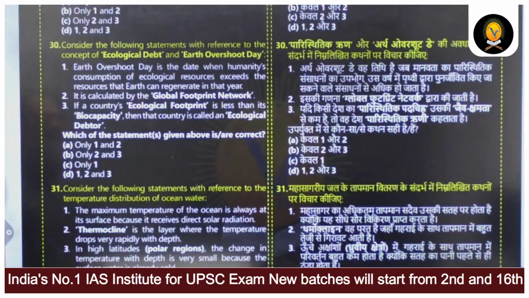Now, consider the following statements with reference to ecological debt and Earth Overshoot Day. Earth Overshoot Day is the date when humanity's consumption of ecological resources exceeds the resources that Earth can regenerate in that year. Correct. It is calculated by the Global Footprint Network. Correct. If a country's ecological footprint is less than its biocapacity, then the country is called an ecological debtor.